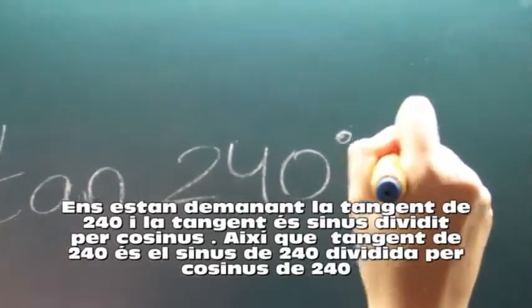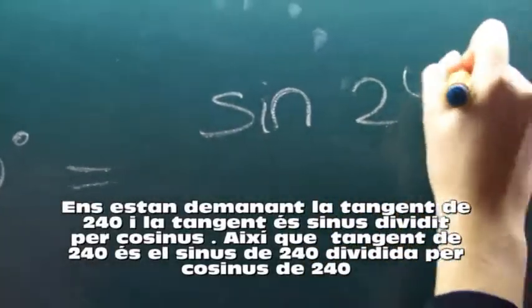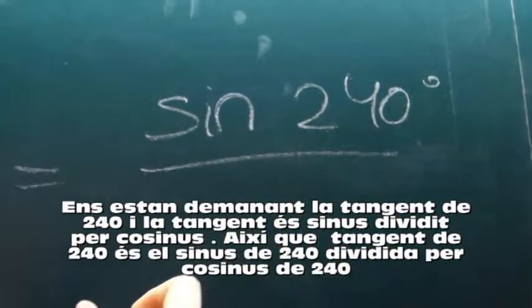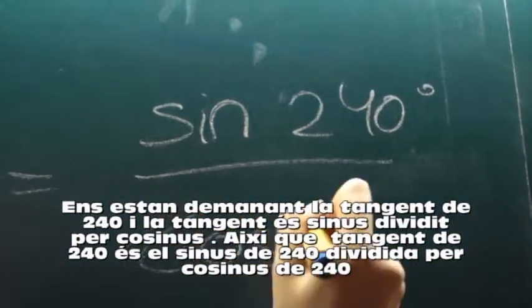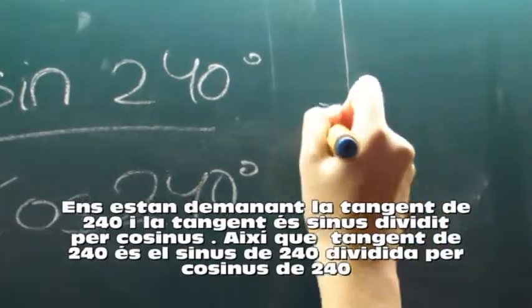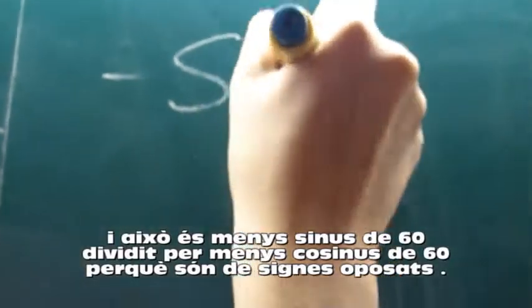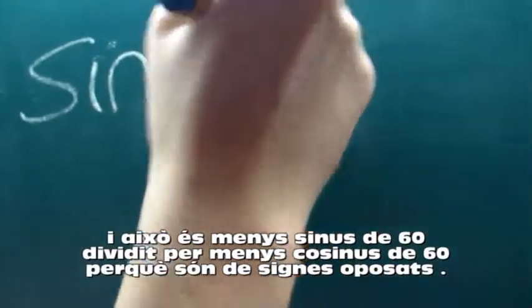They are asking us the tangent of 240, and the tangent is sine divided by cosine. So 240's tangent is 240 sine divided by 240 cosine, and this is minus 60 sine divided by minus 60 cosine because they are on the opposite side.